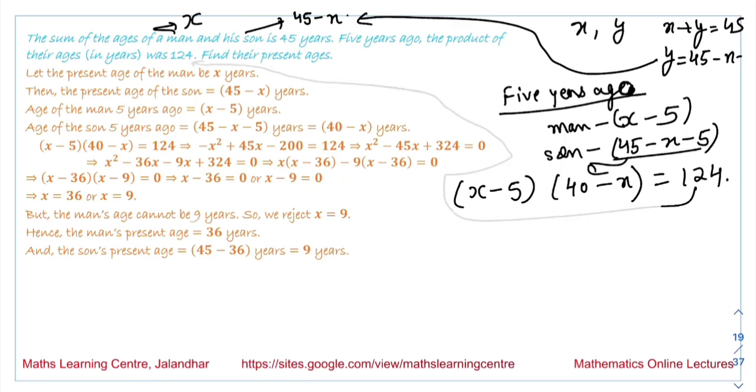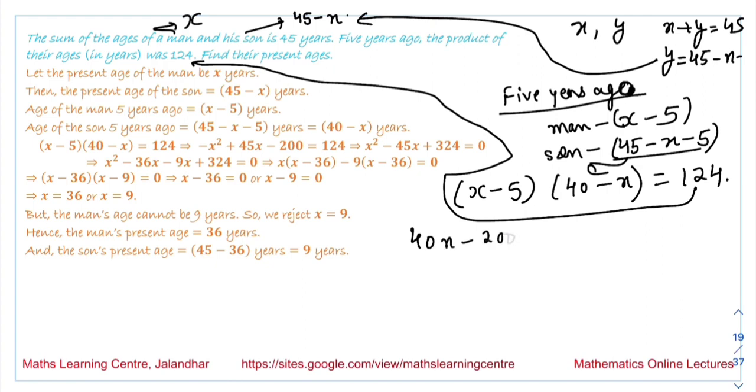So when we multiply these two terms, we get 40x minus 200 minus x square plus 5x is equal to 124. So the equation we have is x square minus 45x plus 324 is equal to 0.